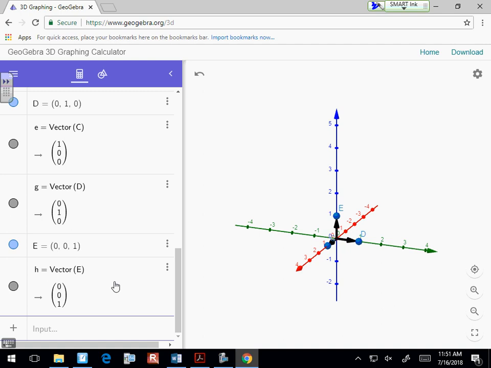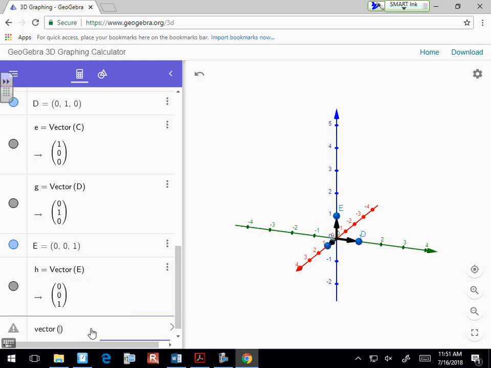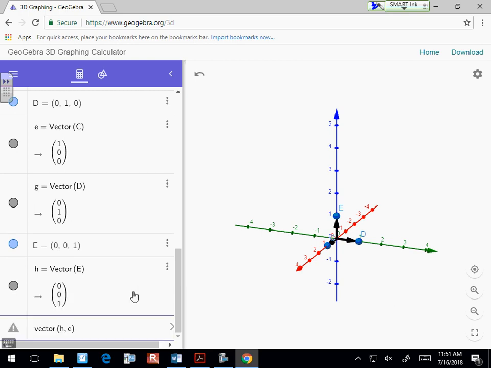I'll do K versus I. K is H. I is E. Go away. I know I screwed something up. What did I screw up? Oh, duh. Oh, you gotta be kidding me. All right.